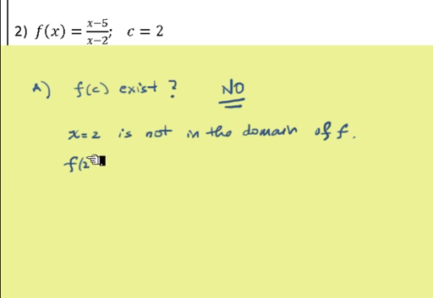F of 2 does not exist. So right away, we know we don't have to check B and C. A is not true, so we know that our function is not continuous at c equal 2.